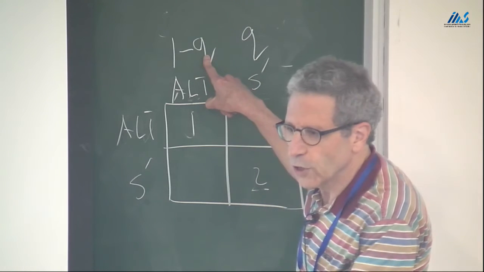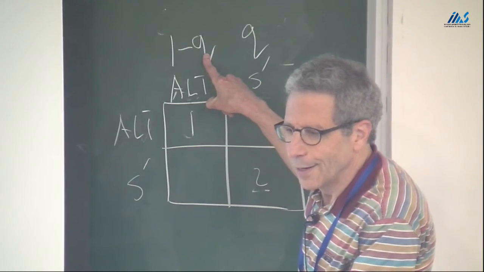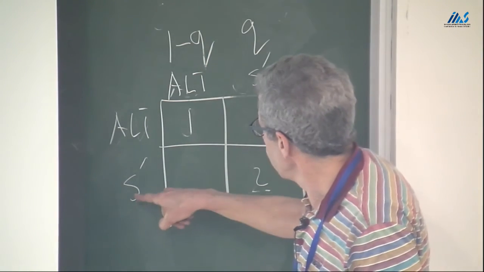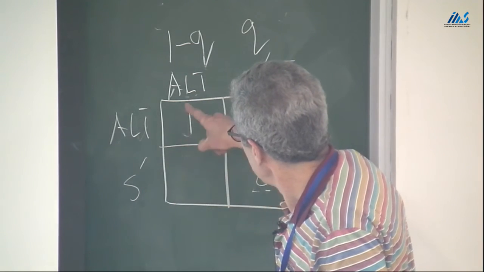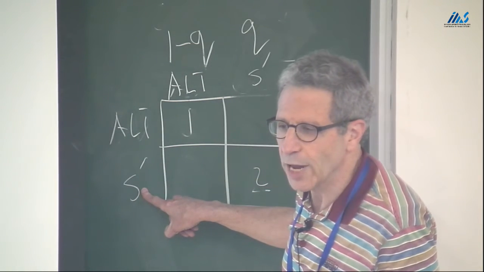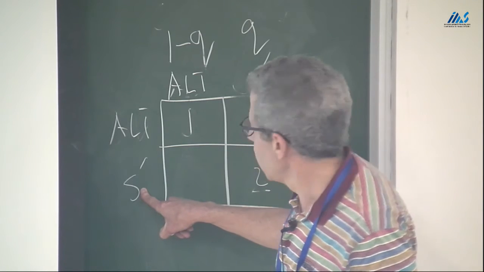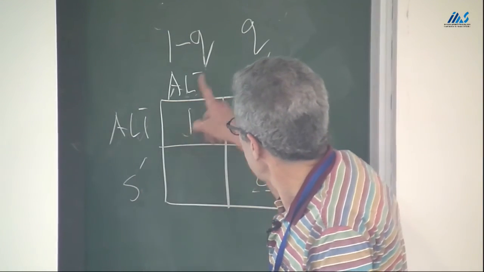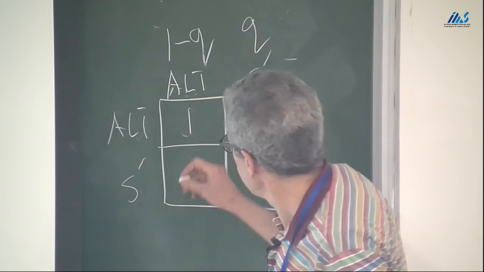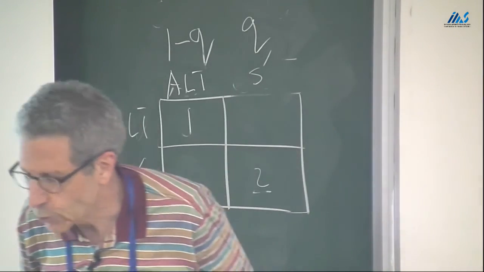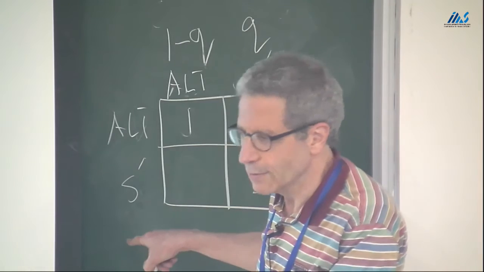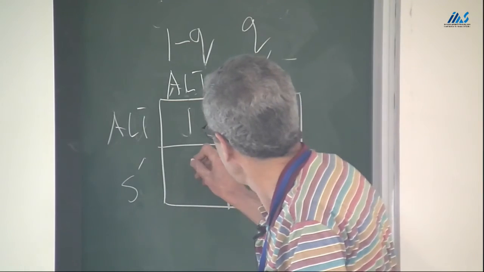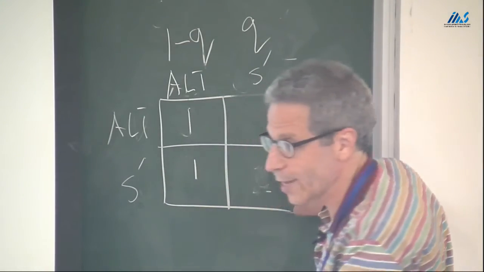But if Q is small, then in order for S prime to have any chance of doing well, it's going to have to alternate. Alt is the best reply to itself. So the only way that S prime has a chance is if it actually alternates, in which case this is 1, in which case this actually has to be 1 too.